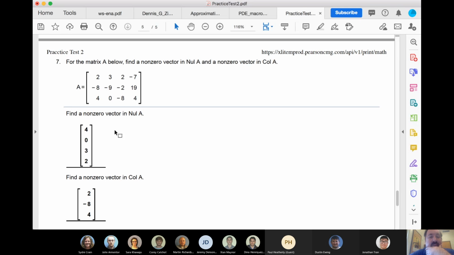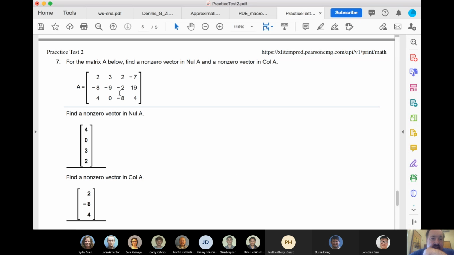Null space of A takes more work. What you need to do is solve the system Ax equals 0. So you use row operations to bring this matrix to echelon form, and then you're going to have free variables. I believe for this particular matrix, you might have 2 free variables. You need to set your free variables to something other than all zeros. So make sure that you pick something non-zero for one of them.